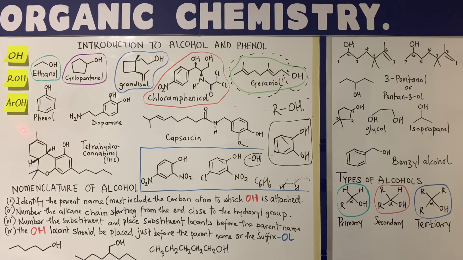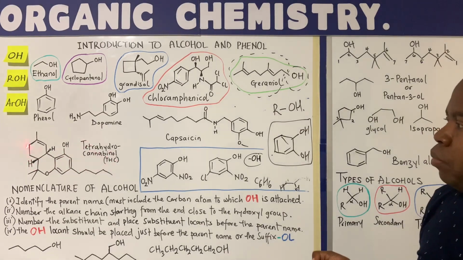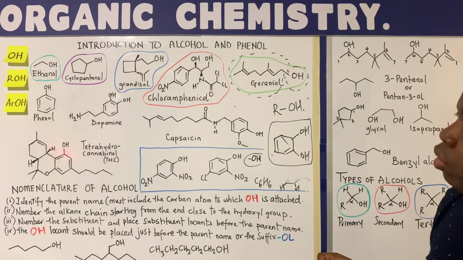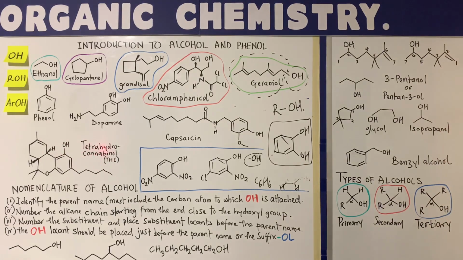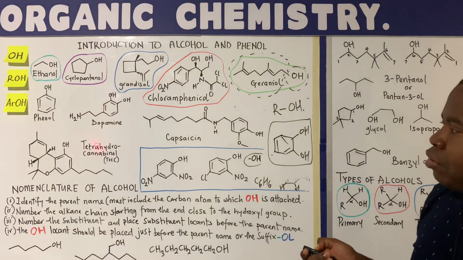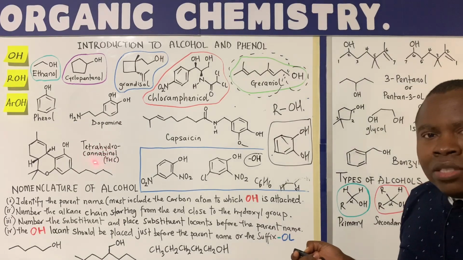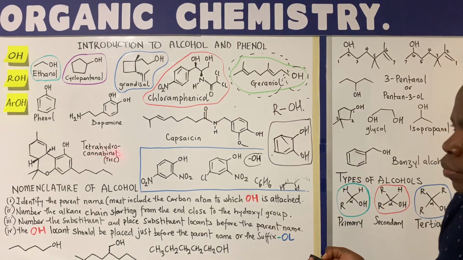It's obtained from a natural source, and in fact, this is obtained from the well-known marijuana. It's also an alcohol. It is called tetrahydrocannabinol, abbreviated to THC.